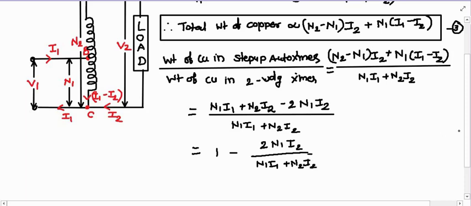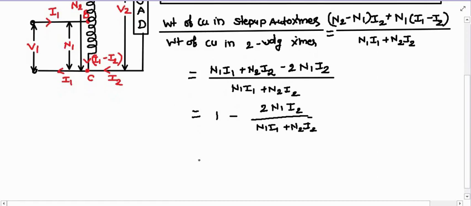So if I divide the numerator and denominator by N1 I2, what I will get? 2 divided by N1 I1 upon N1 I2, which is I1 upon I2, plus N2 I2 divided by N1 I2.